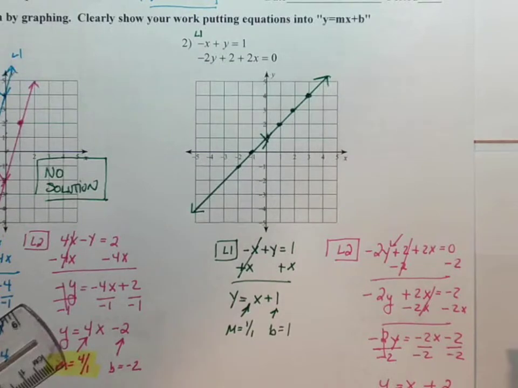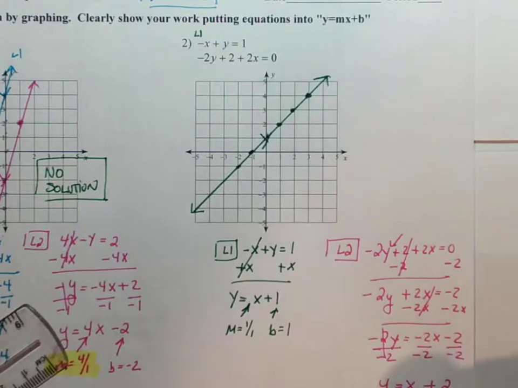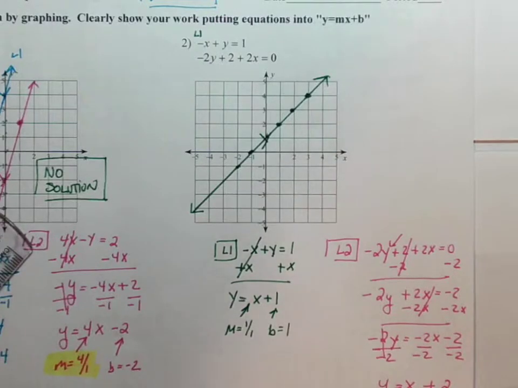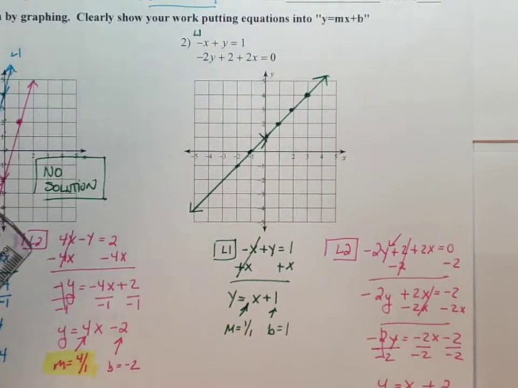Aha! You should be noticing something. The slope here is 1 over 1. The y-intercept is, and I made a mistake here. Hopefully you caught it.